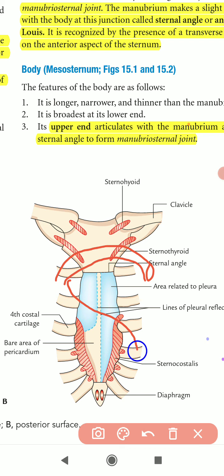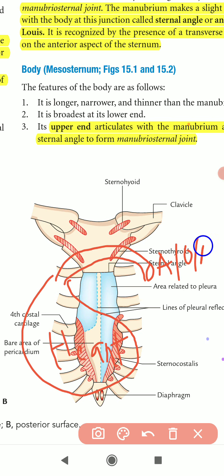The heart almost looks like this. This is not a true picture, just for understanding purposes. Suppose this is the heart. From the upper part of the heart a major great artery arises, known as the arch of aorta.